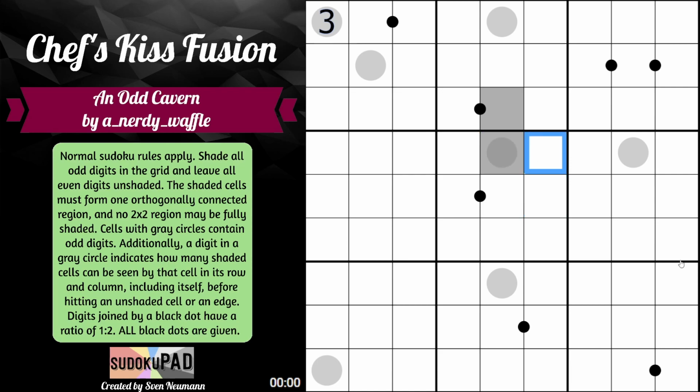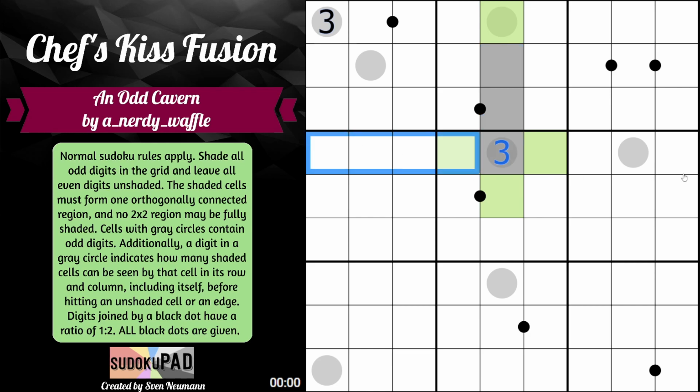So we're going to use gray and green in this puzzle. Well, I guess this technically wouldn't work to satisfy the conditions. So we'll do this. All right? This cell would be a 3, and it would be a 3 because it sees 3 shaded cells, including itself. That's part of the rule, including itself, before hitting an unshaded cell.